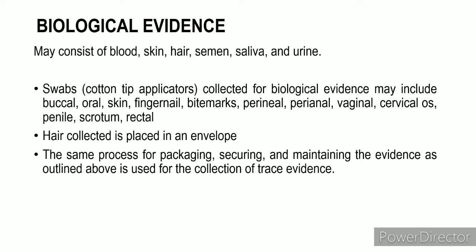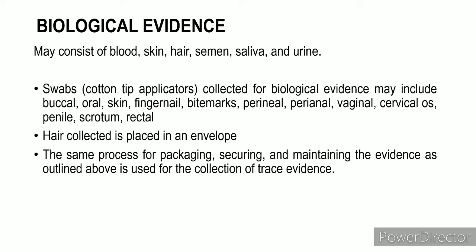Biological evidence may consist of blood, skin, hair, semen, saliva, and urine. Biological evidence consists of body fluids or other bodily tissues, the examination of which may identify the donor.